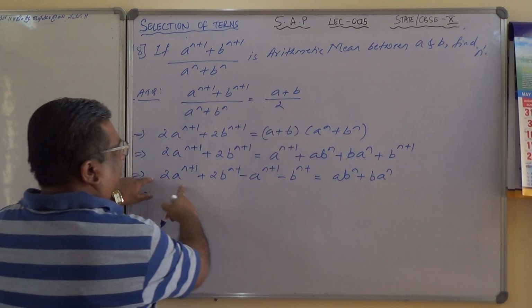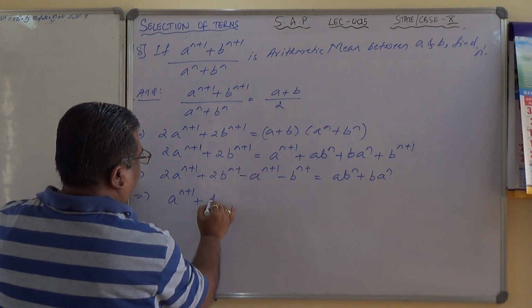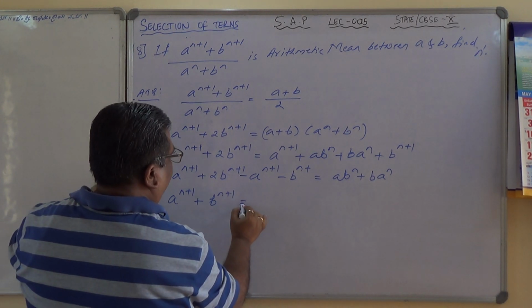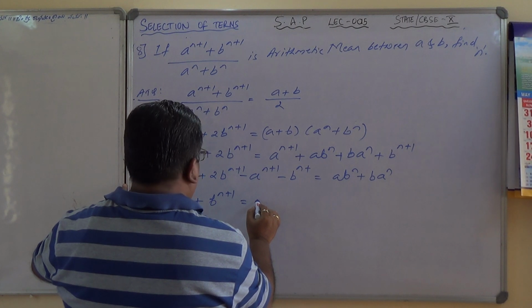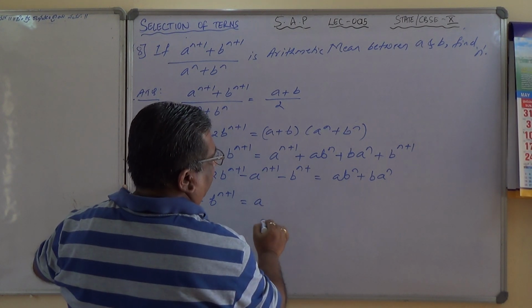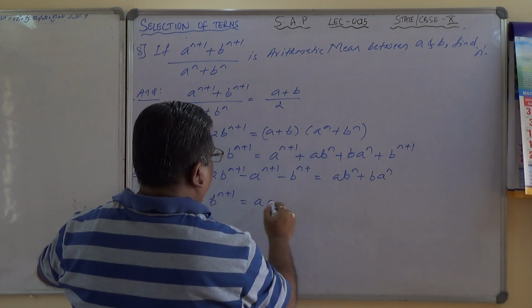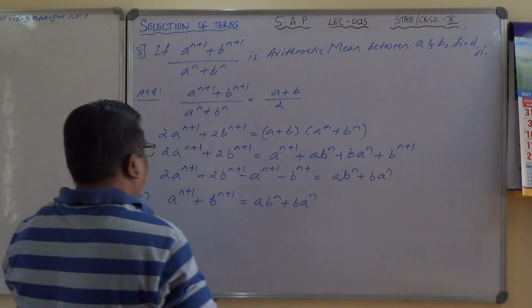This implies a to the power n plus 1 plus b to the power n plus 1 equals a b to the power n plus b a to the power n. Okay.